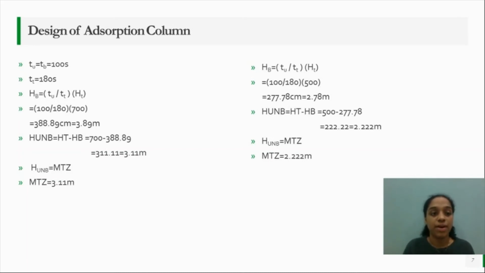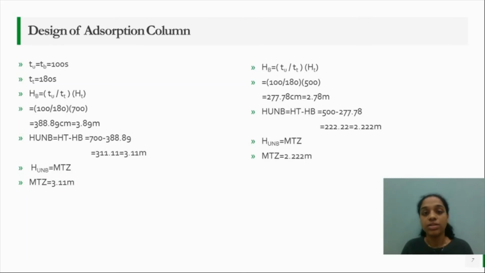To find the amount of unused bed, we have to take the total height minus the bed height, which is 700 minus 388.89, giving us 311.11 centimeters or 3.11 meters. Since the unused bed is equal to the MTZ, the MTZ or mass transfer zone is 3.11 meters.